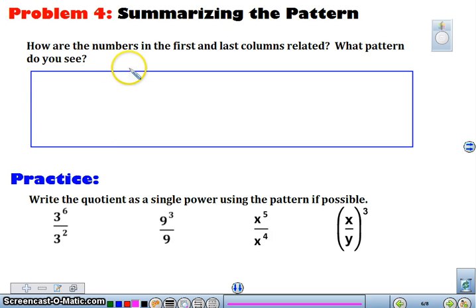So from the first to the last column in general, I want you to think about it before you see this in the video.